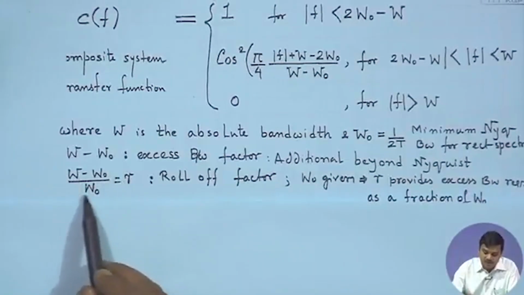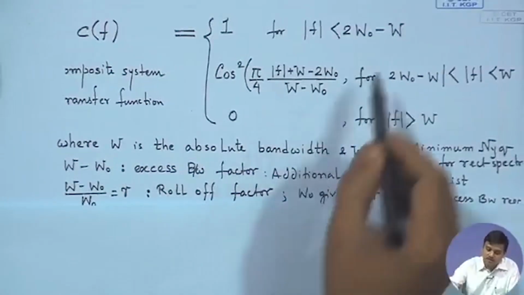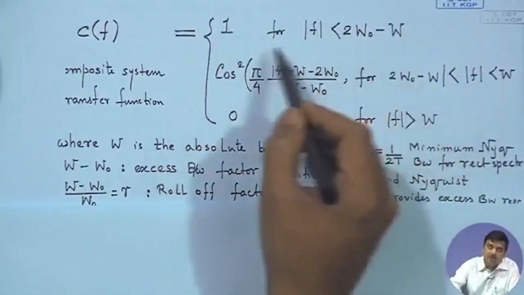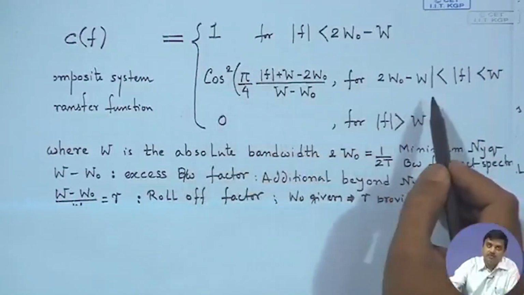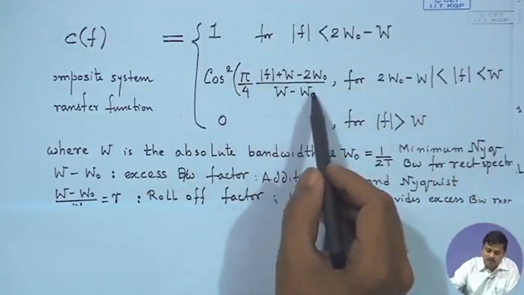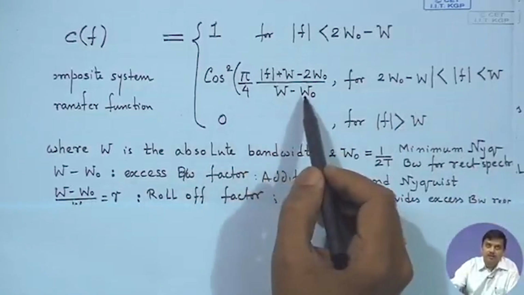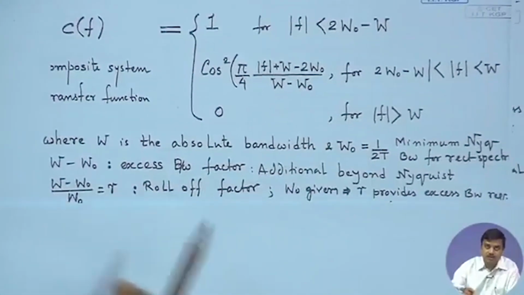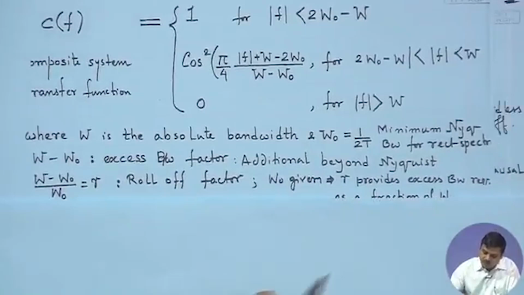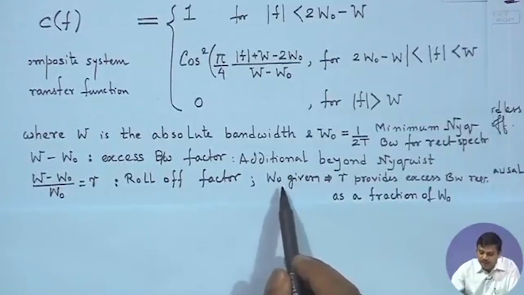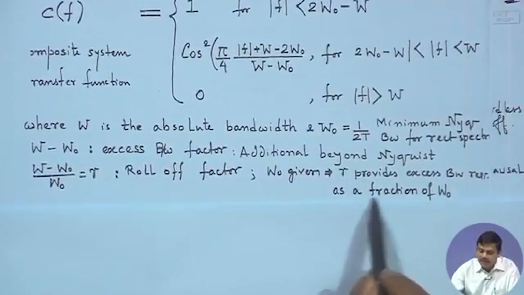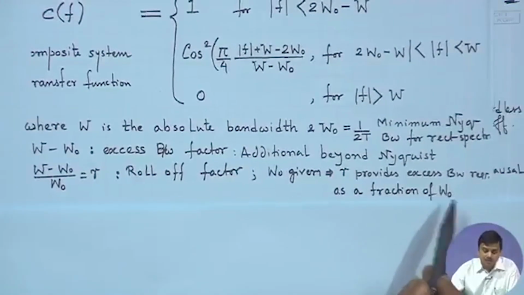So, this is a parameter. In some cases you might find these frequency relationships given in terms of roll off factor R, which you can also translate by using this relationship. So, if W0, the Nyquist bandwidth, is given, R provides the excess bandwidth as a fraction of W0, which you can clearly see.